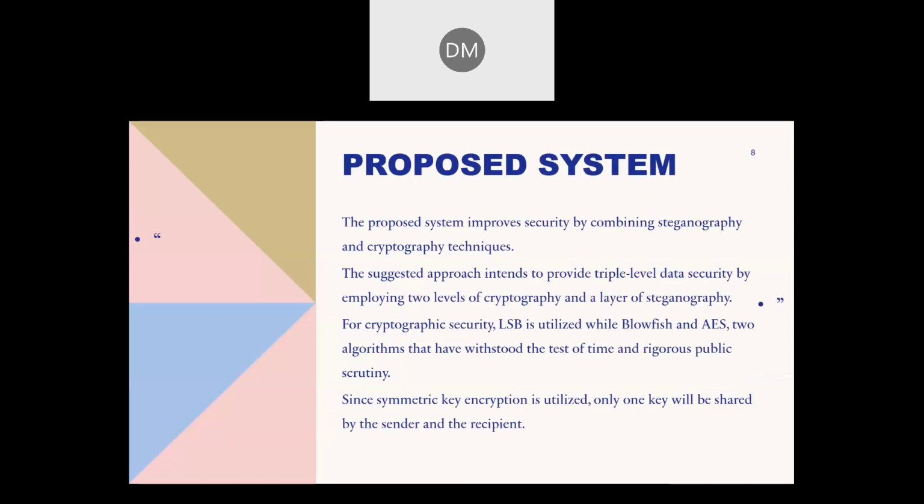Using cryptography there are two levels, two levels of cryptography, and then steganography is applied on the ciphertext we get from the cryptography, which will enhance the security. The technique makes use of symmetric key encryption, so the sender and receiver share a common key.